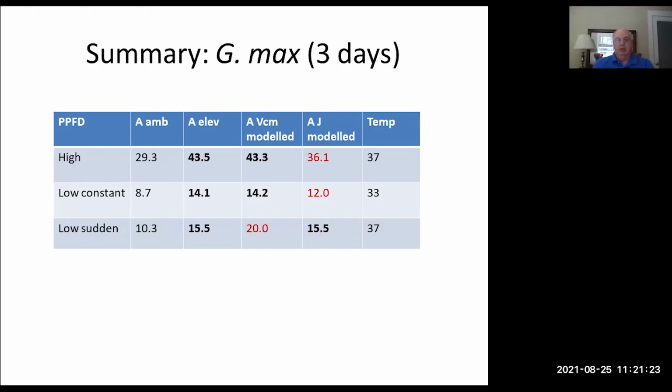If you had modeled that assimilation rate at 600 parts per million based on electron transport being limited, it's shown in red there because it's an underestimate of the actual rate.